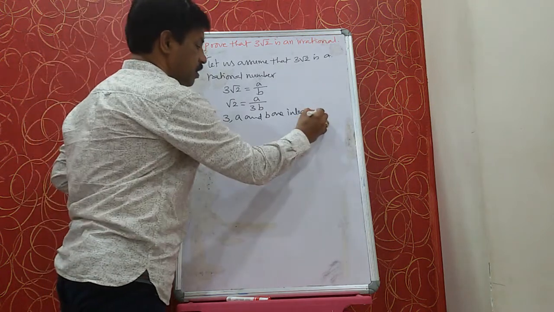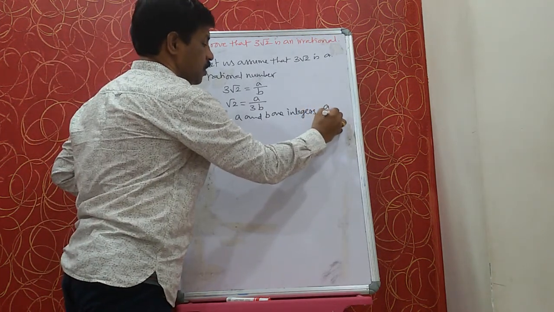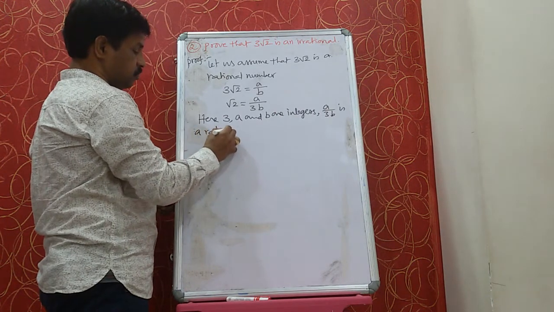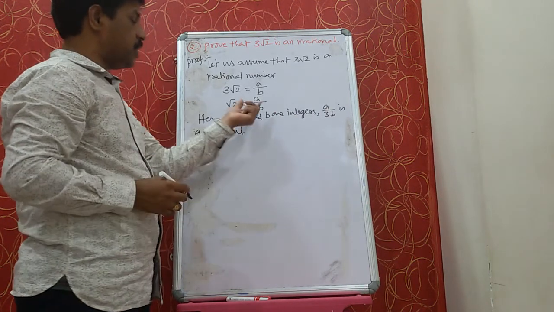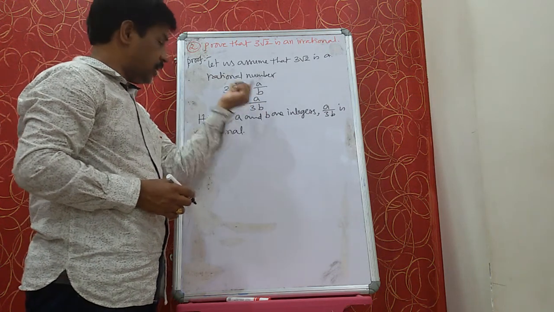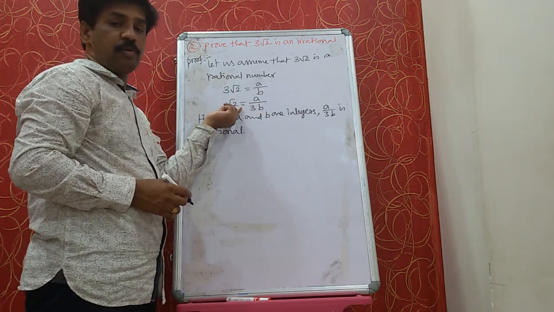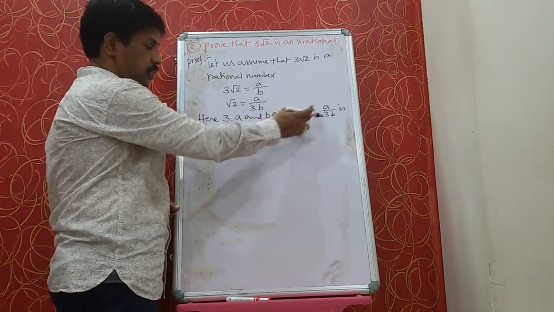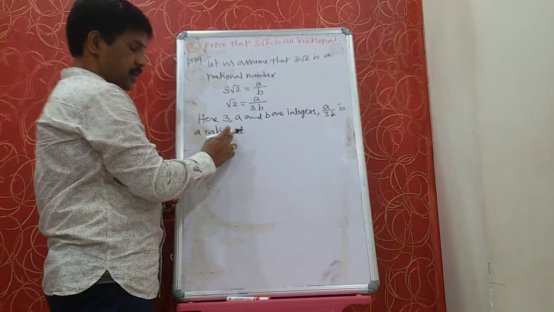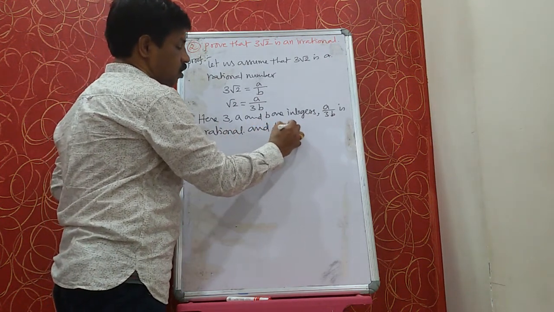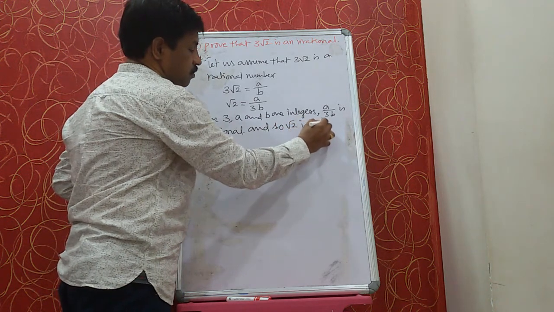So a by 3b is a rational number. When a by 3b is a rational number, automatically the left-hand side also becomes rational. So here 3, a and b are integers, a by 3b is rational, and so root 2 is rational.